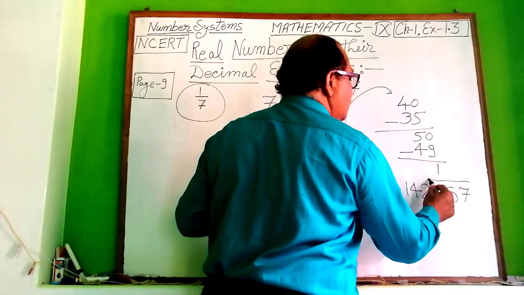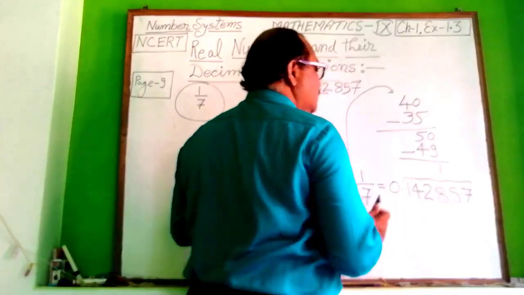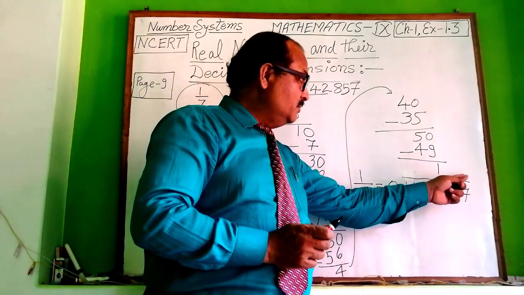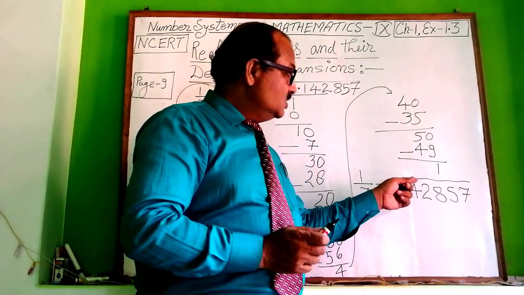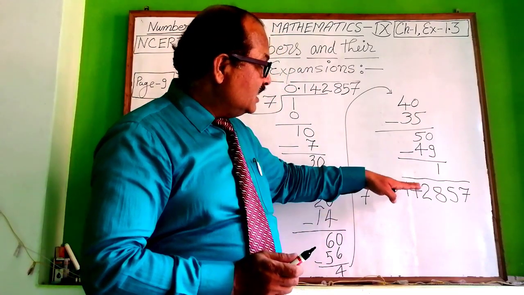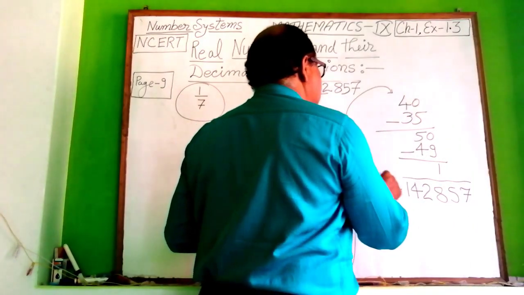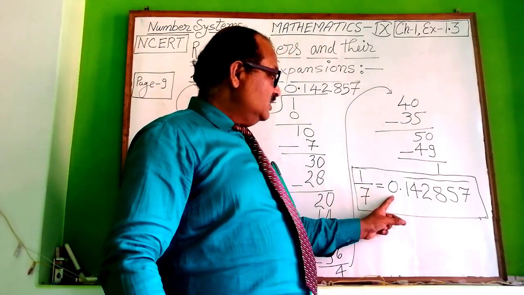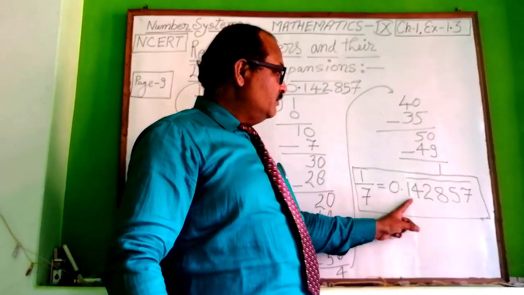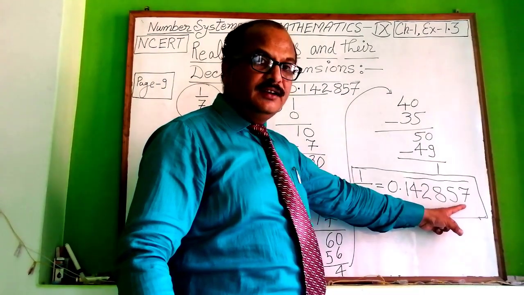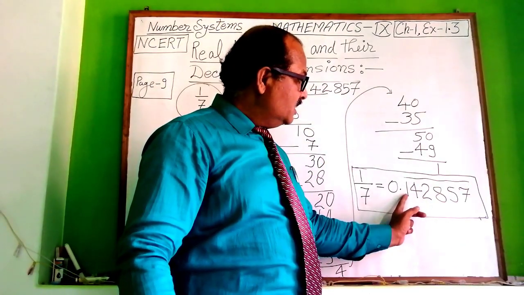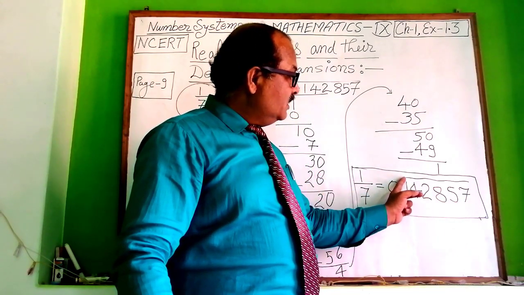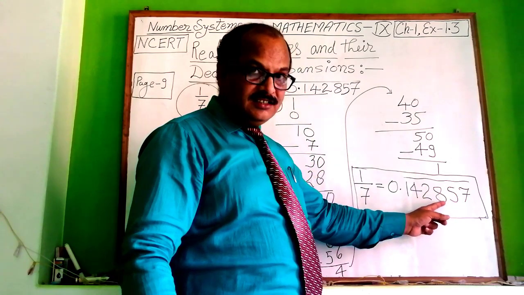So we will write a bar on these numbers. However many digits are repeating, we will make a bar on them. So you can see your answer is 1 upon 7 is equal to 0.142857, and since the digits 1 to 7 are repeating, we will make a bar on these digits.